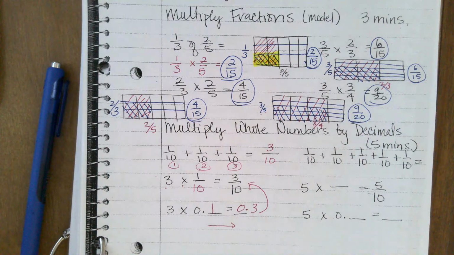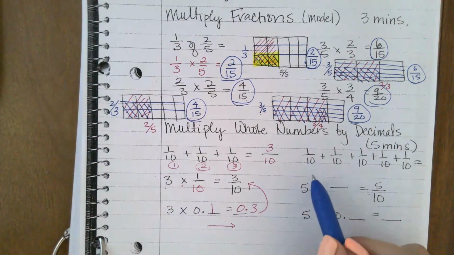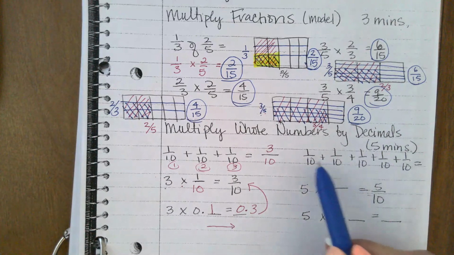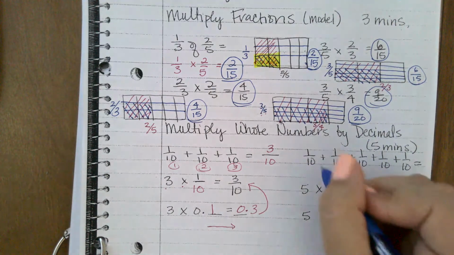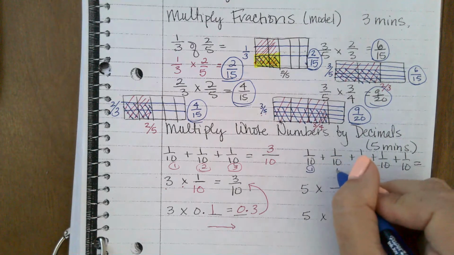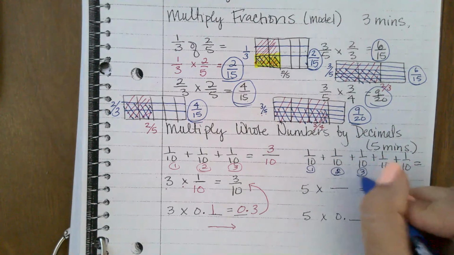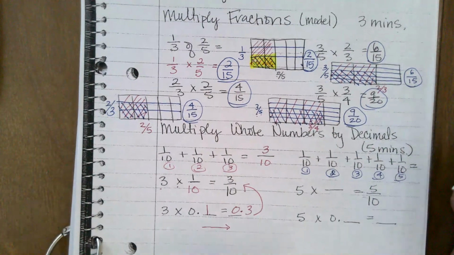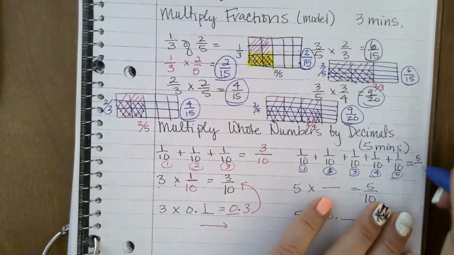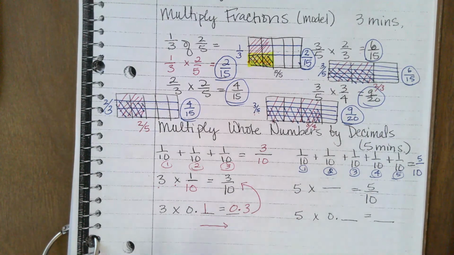Okay, now let's move on to this next problem. 1/10 plus 1/10 plus 1/10 plus 1/10 plus 1/10. How many do we have? 1, 2, 3, 4, 5. How many tenths do we have? We have 5 tenths, right?